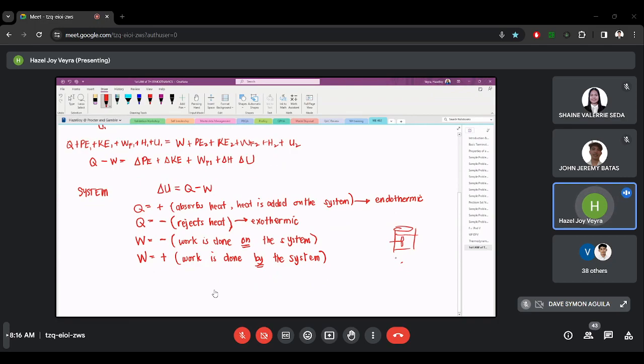Example, pwedeng steam or pwedeng other media, no? And turbine is an equipment which produces work. So if you have a turbine na nagpo-produce ng work, meaning yung work is being done by the system. Clear? Kung ano yung difference ng work being done on the system and work being done by the system. Clear tayo dun?